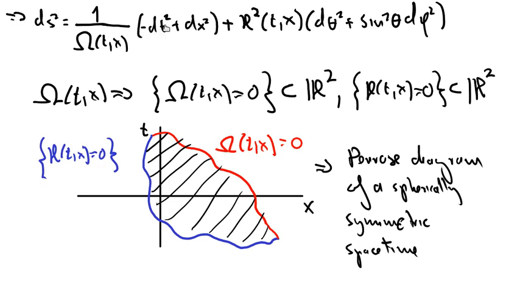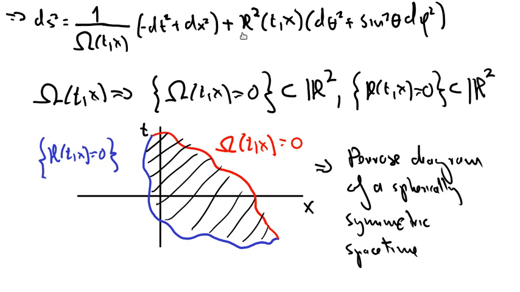Because when the metric is the two-dimensional flat one, then we know how light rays look like. They are just straight lines whose slope is 45 degrees.